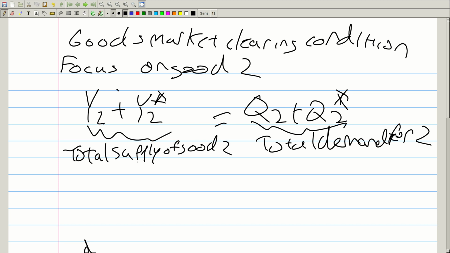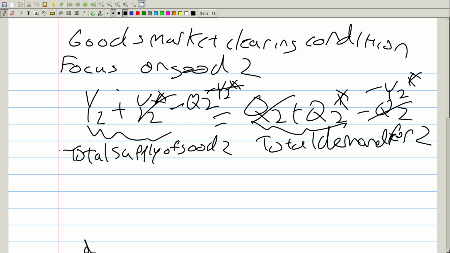Okay? But note that all I can do here is subtract Q2 on both sides. So if I subtract Q2 on both sides, these cancel, okay? And then if I subtract Y2 star on both sides, then these cancel.